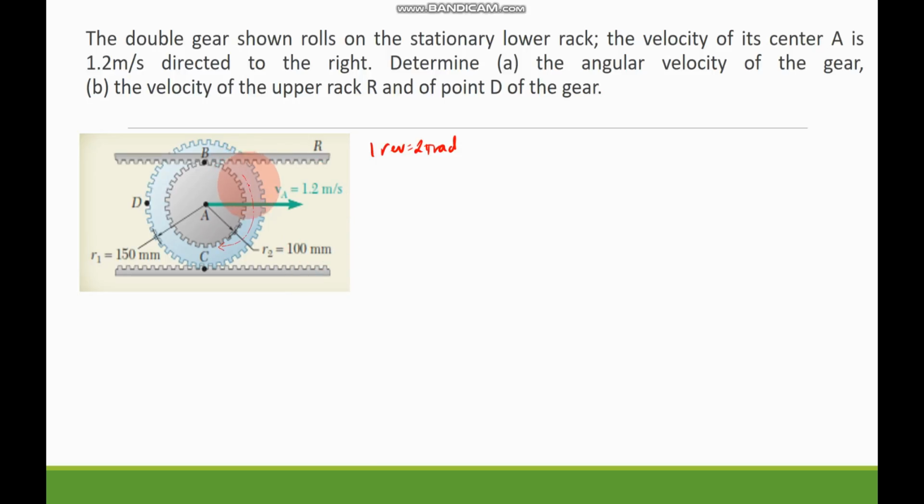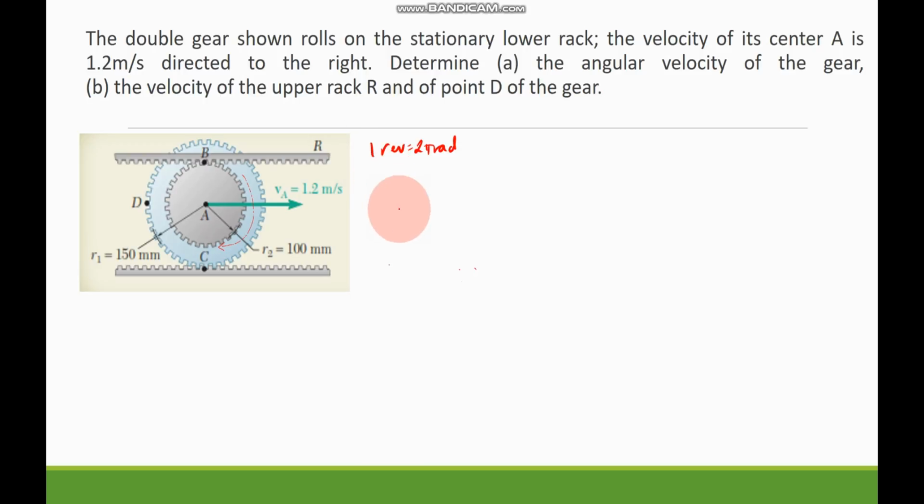So our gear is expected to rotate in this motion. In your statics for unit vectors, if it is in clockwise direction, it is negative, and for counterclockwise direction, it is positive, as I have discussed earlier. So we will follow clockwise direction as negative and counterclockwise motion as positive.